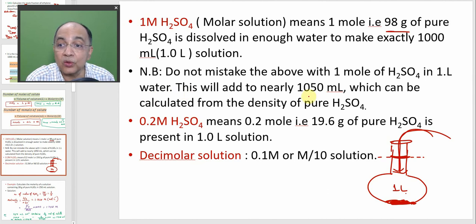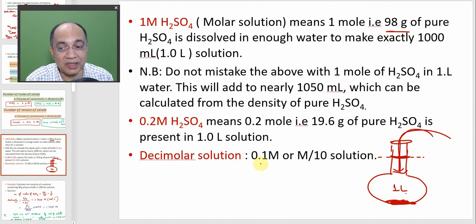This will add to nearly 1050, which can be calculated from the density of pure sulfuric acid. 0.2 M sulfuric acid, or 0.2 M of any solution, means 0.2 mole of sulfuric acid or any other solute. In case of sulfuric acid, it is 0.2 mole, meaning 19.6 gram of pure sulfuric acid present in 1 liter solution.